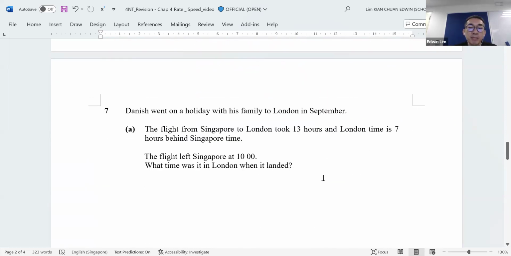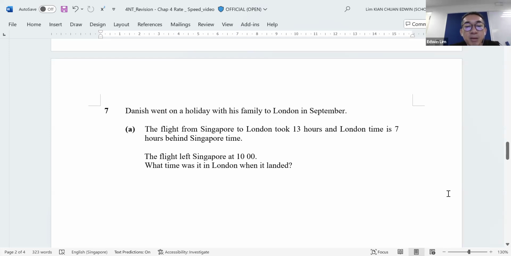Question 7. Danish went on holiday with his family from Singapore to London in September. The flight from Singapore to London took 13 hours, and London time is 7 hours behind Singapore time.